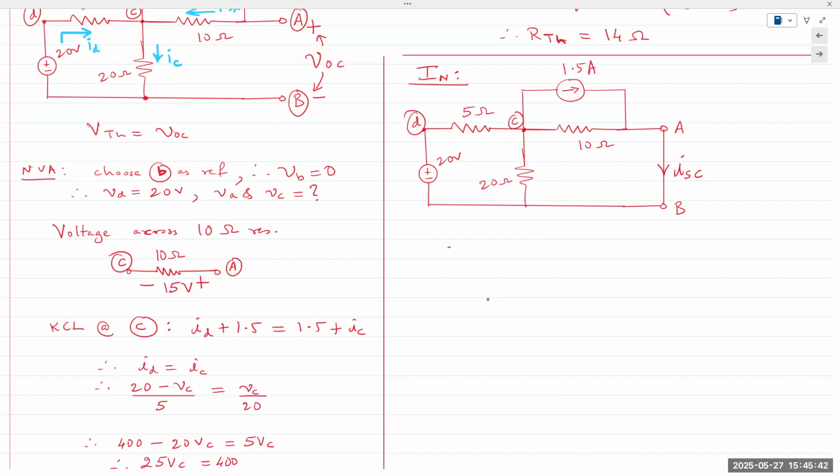If we apply mesh current analysis, even in mesh current analysis, we only have one unknown. Because the circuit can be reduced like this. We have a voltage source, 5 ohm resistor, 20 ohm resistor, 10 ohm resistor, and the current source.